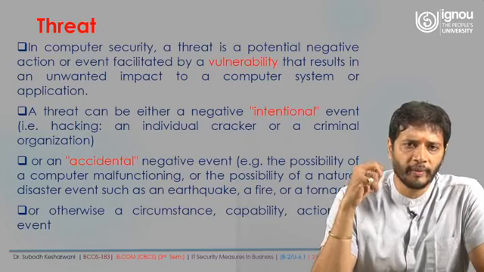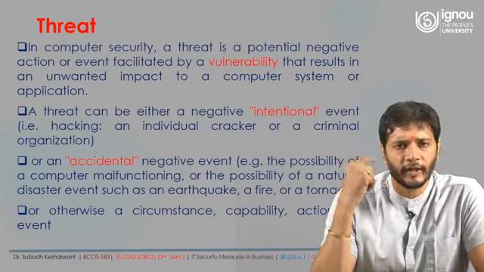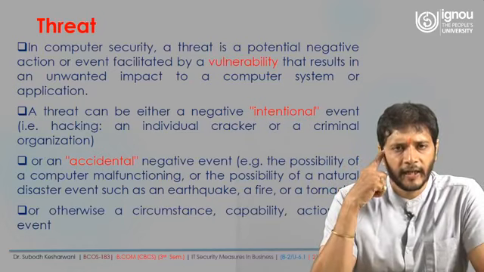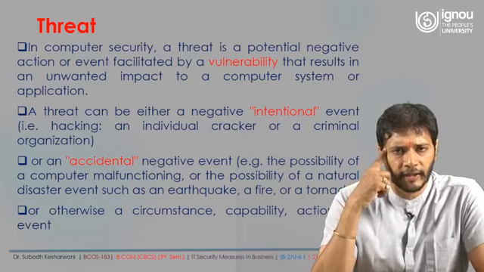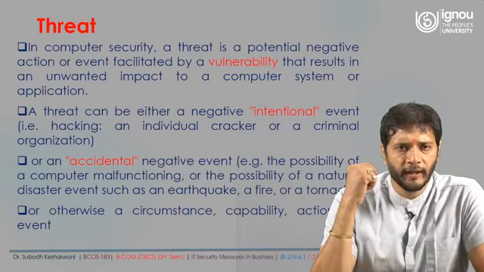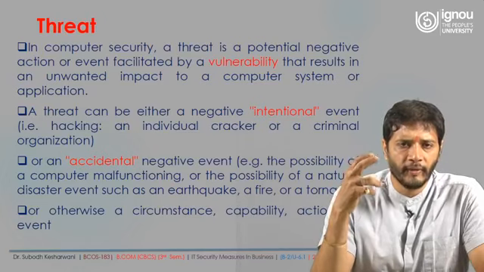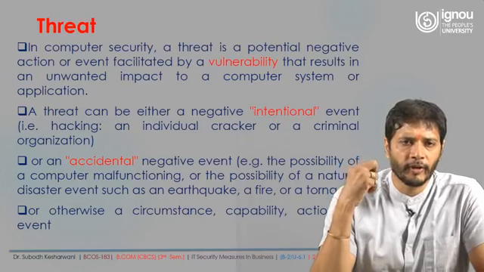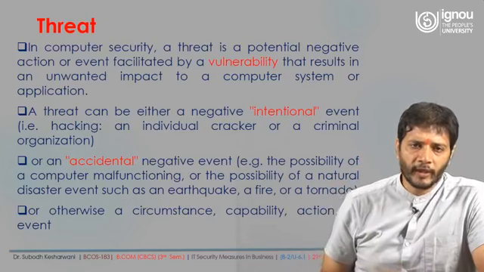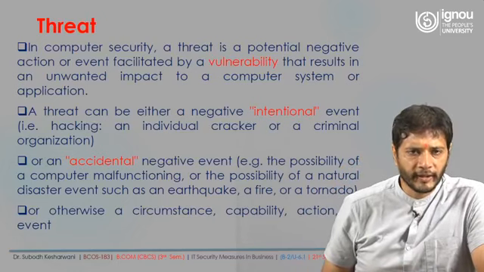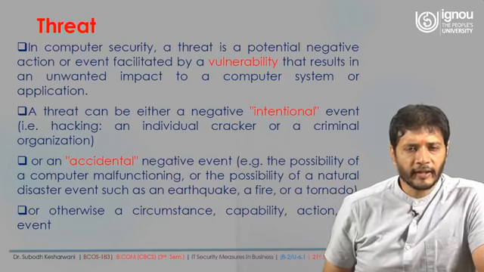A threat can be intentional or accidentally created. Hacking by an individual cracker or criminal organization is an intentional event. Whereas a negative event, for example the possibility of a computer manufacturing malfunction, or a natural disaster such as an earthquake, fire or tornado, is an accidental negative. And there are other circumstances, like capability, action or event.